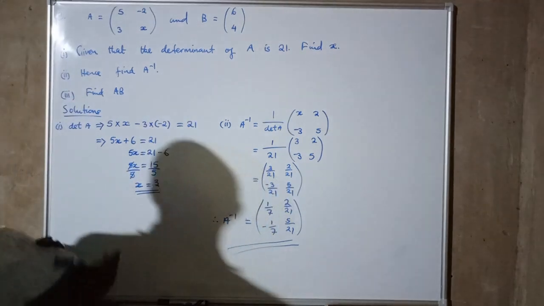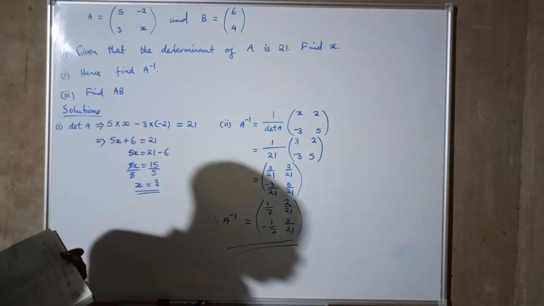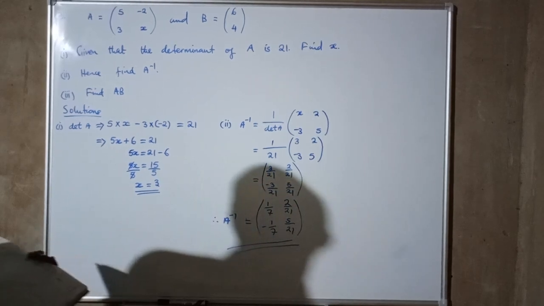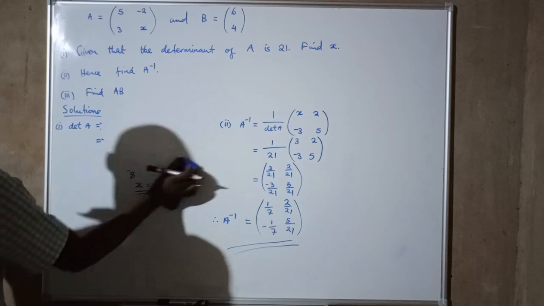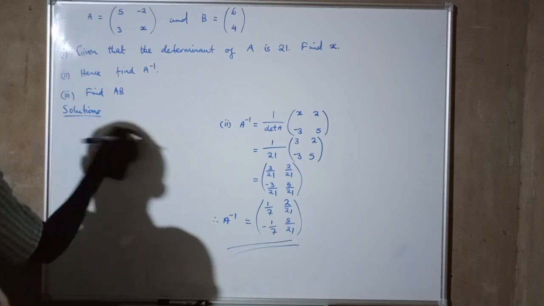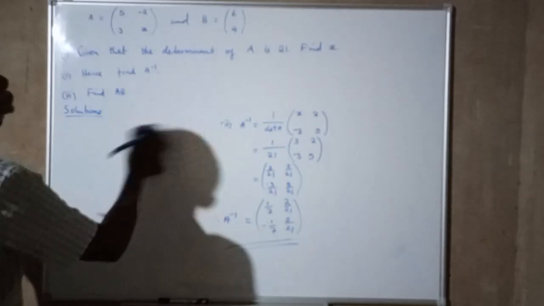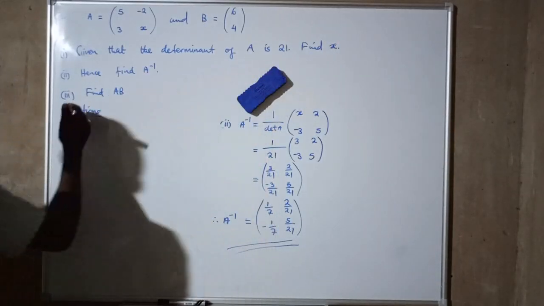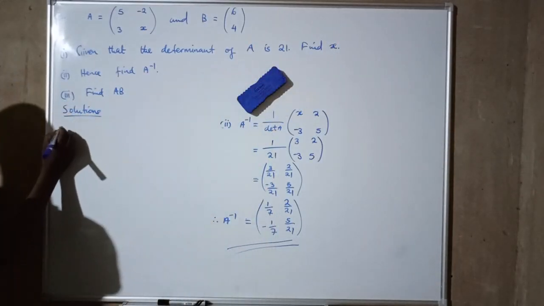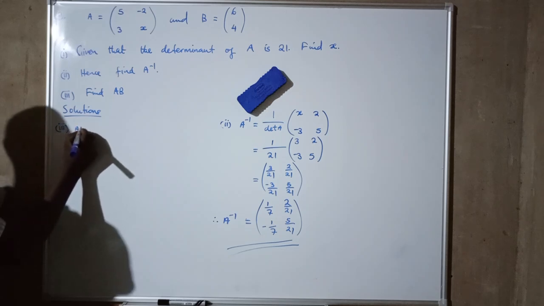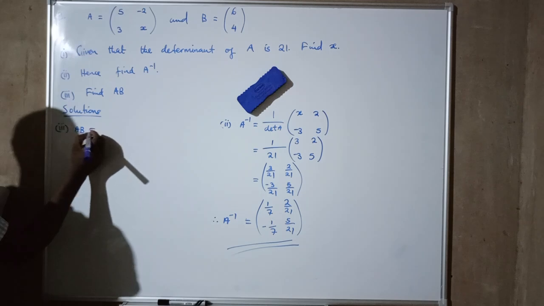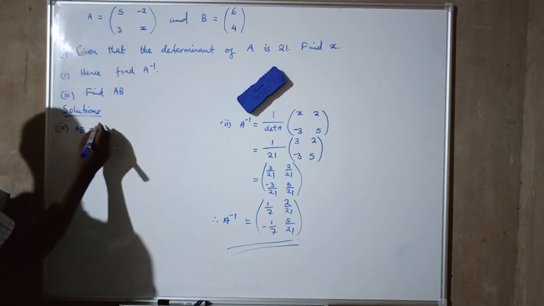Now, we are remaining with the last one, then I give you an exercise. The last one says we find A times B. So say equals A, it is this one.